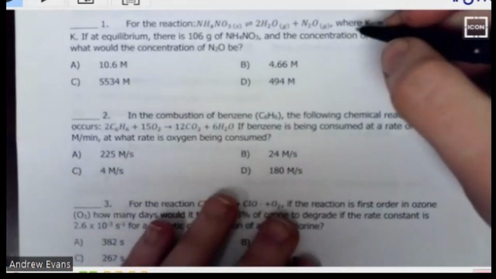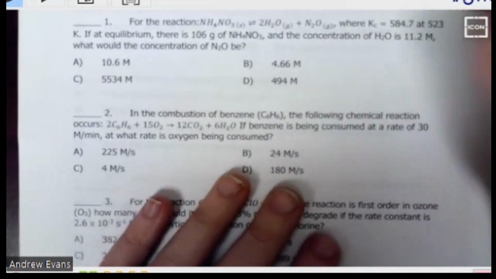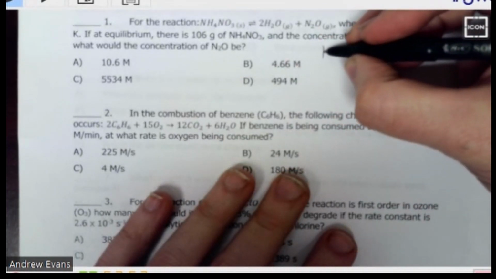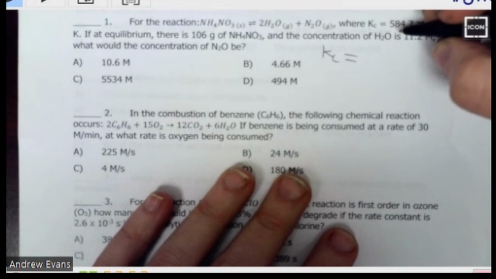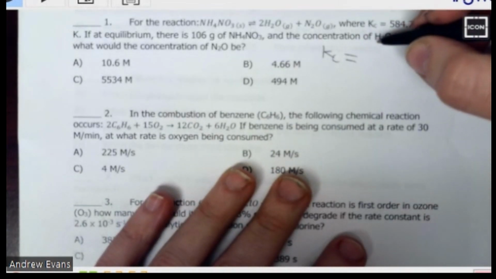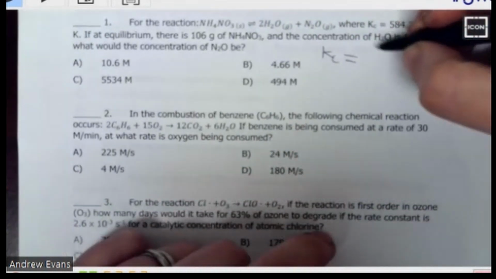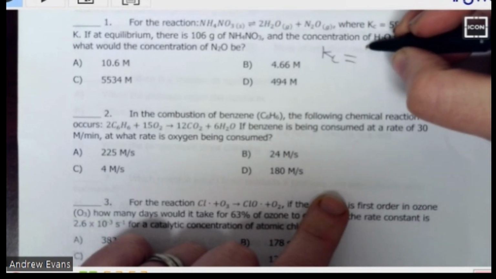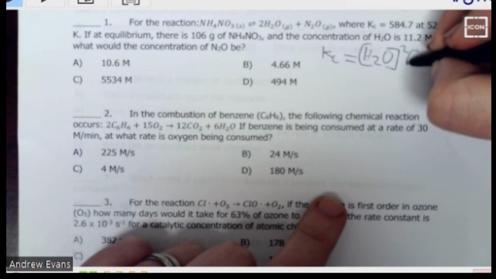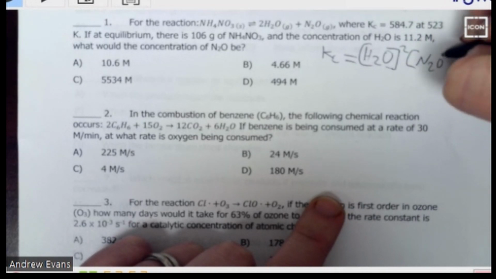This first one, gotta remember, Kc is equal to products over reactants of all gases and all aqueous. So that means just H2O squared over N2O.